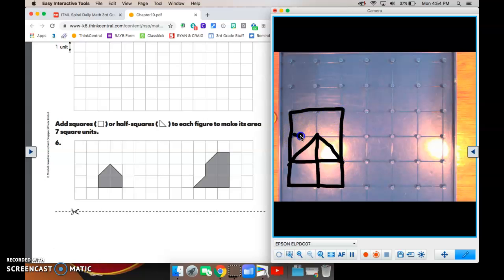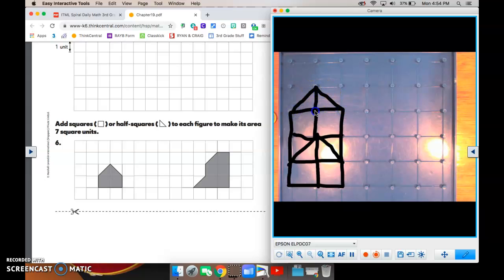So let's go like that. So right there, we have 6. That's actually just 1 right there, right? So 3, 4, 5, 6. And let's make it 7.